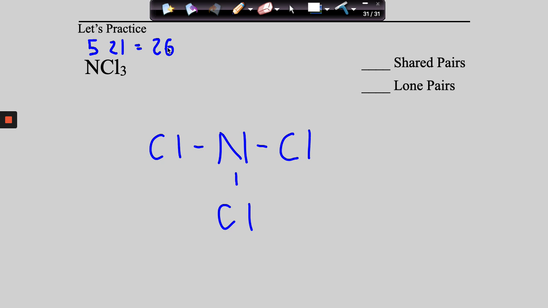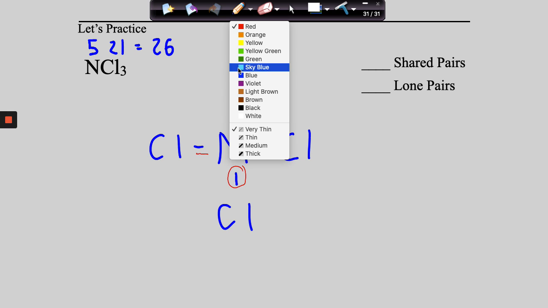But we've already used some. We've already created some bonds. So if we go down here and look at what we've already done, we've already created 1, 2, 3 bonds. And guys, if we remember, each one of those bonds represents 2 electrons.